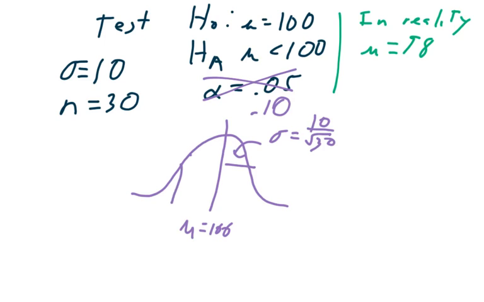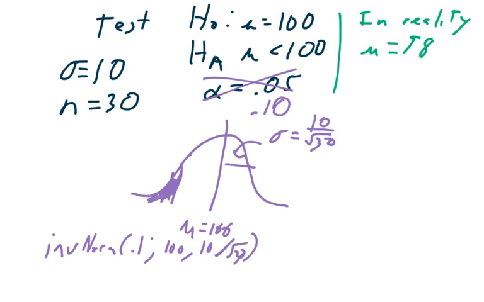But this time, I have a bigger chunk down here to make this 0.1 alpha. So when I go back through my inverse norm and I change this to be 0.1, comma 100, comma 10 over the square root of 30, it tells me that this is going to happen at 97.66. And so this is the area in which I would reject now.